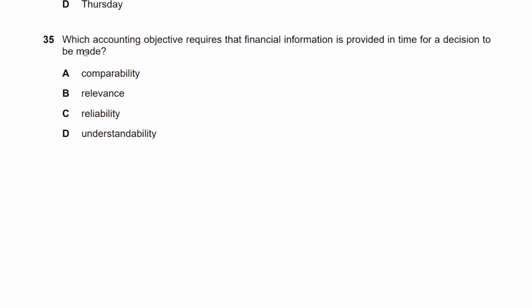35. Which accounting objective requires that financial information is provided in time for a decision to be made? In time. When we talk about time, the word that comes to your mind should be relevance.